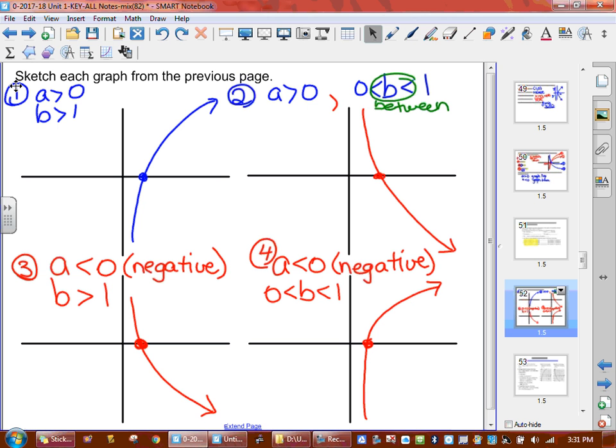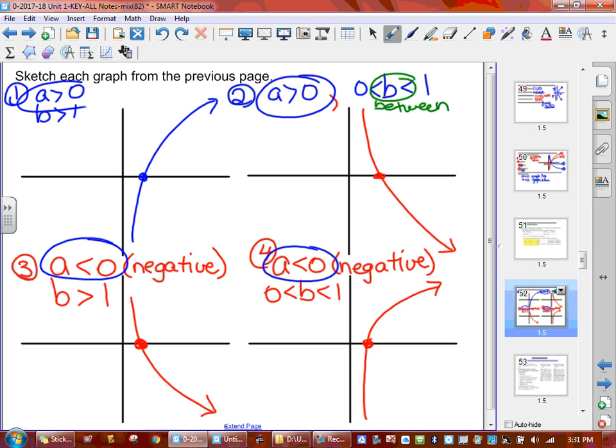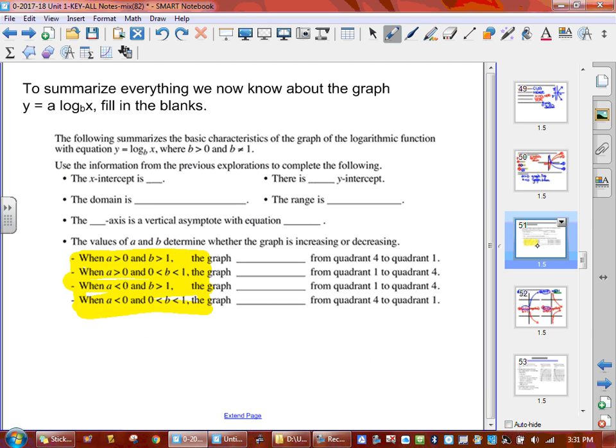Okay, so let's fill in our summary chart here. So, an x-intercept. Well, do we ever have an x-intercept? Always, and it's always positive 1. So 1, 0. Our domain, x must be greater than 0, x ∈ R. The y-axis is a vertical asymptote with the equation x equals 0.